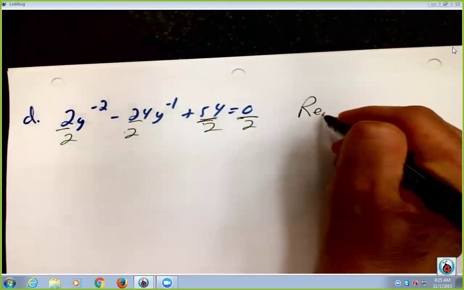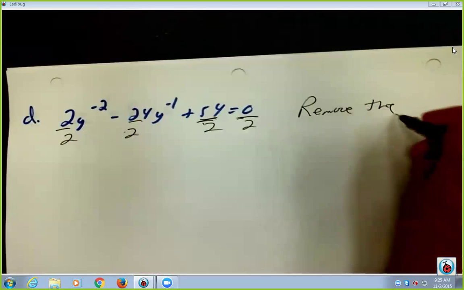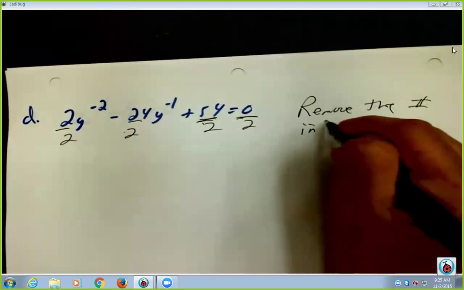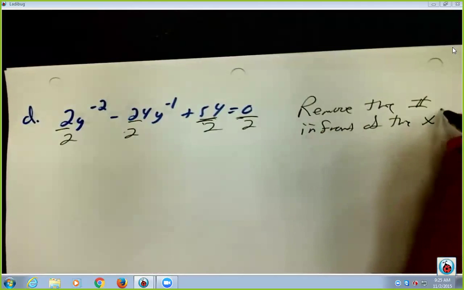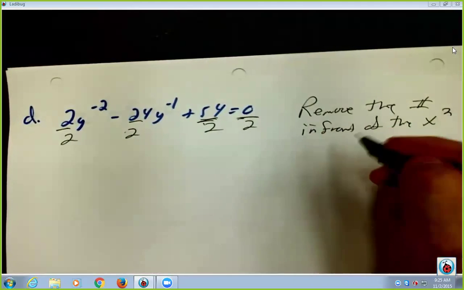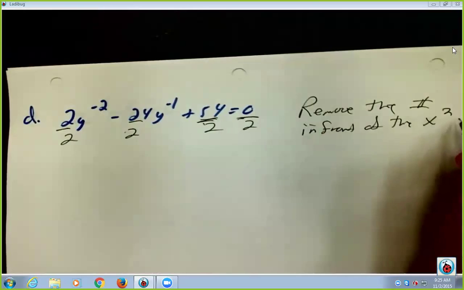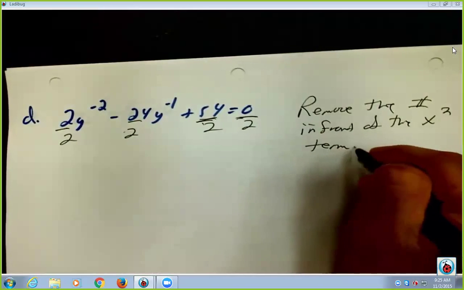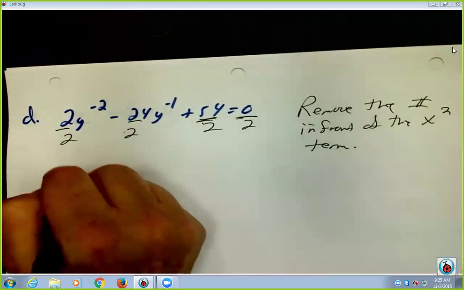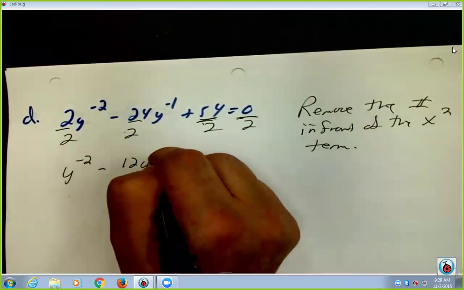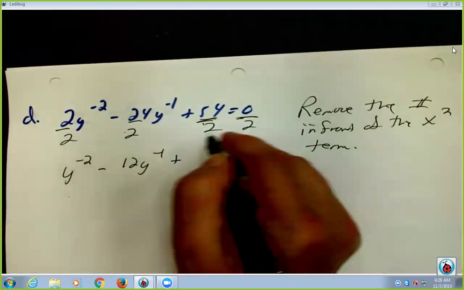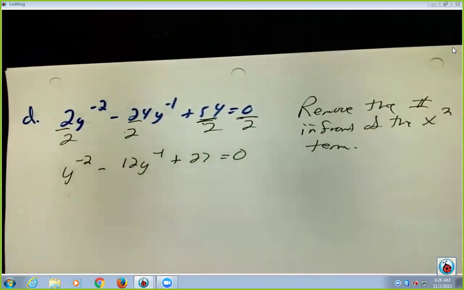So remove the number in front of the x squared, or in this case, the y squared term. So when I do that, I get y to the negative second minus 12y to the negative first plus 27 equals 0.